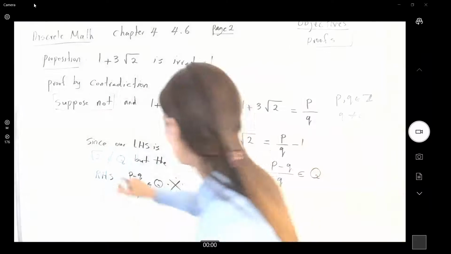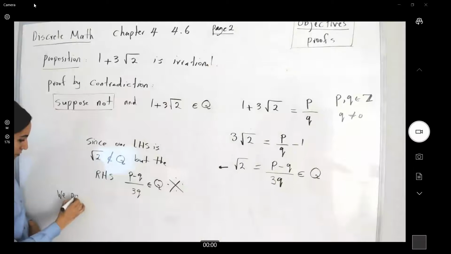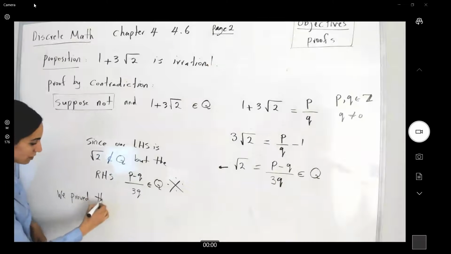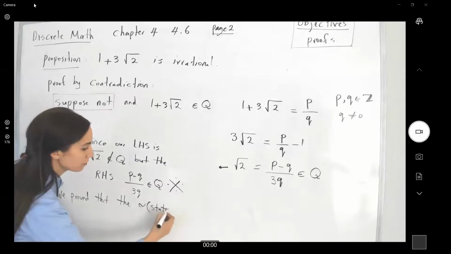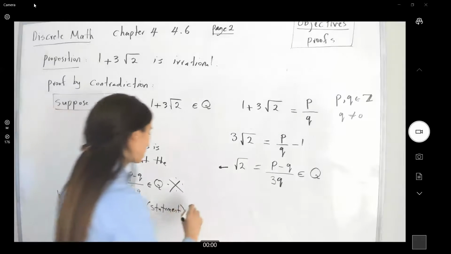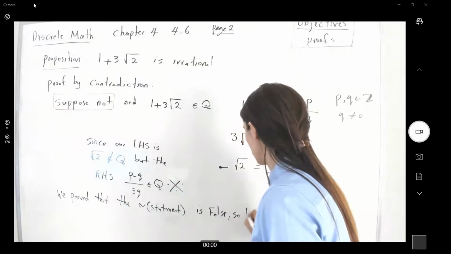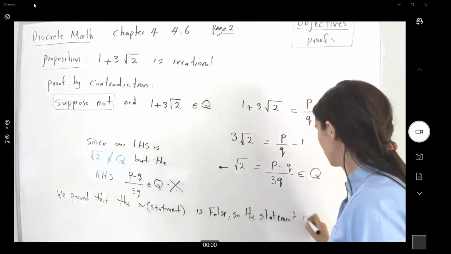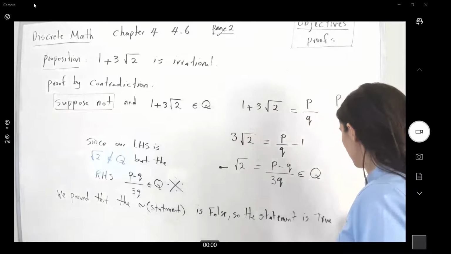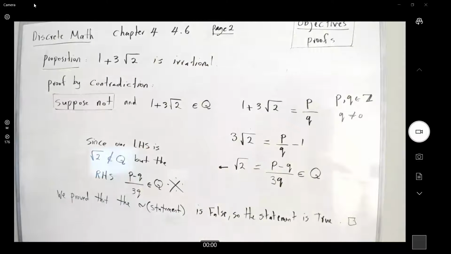Impossible. So we proved that the negation of the statement is false. So the statement is true, and we're done with this proof. Very well.